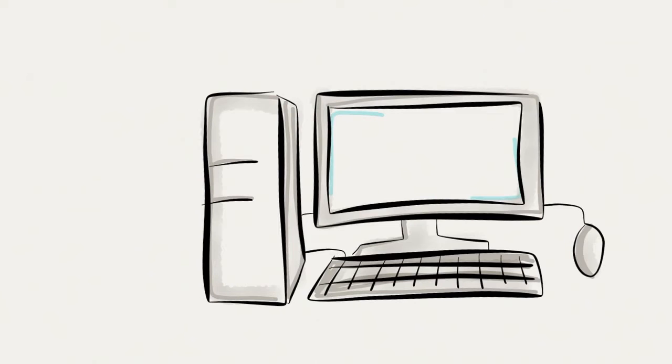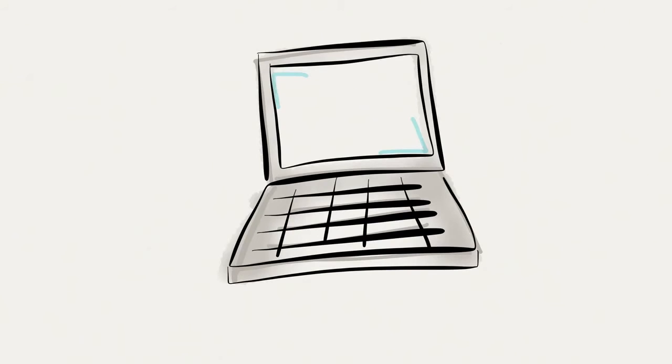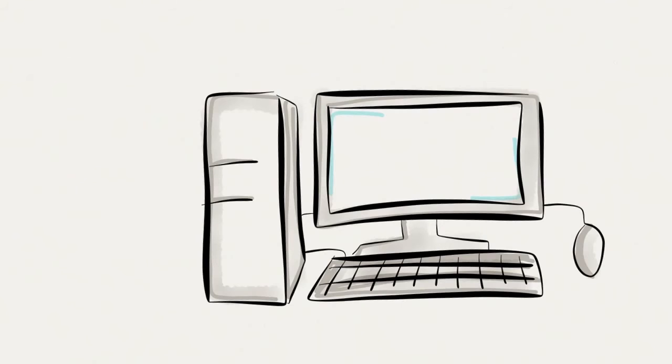You send a signal from the mouse and keyboard to the tower, and the computer computes and tells the monitor what is happening. Laptops work in a similar fashion, however, everything is just much more compact. But for the sake of this example, let's stick with the tower, monitor, mouse, and keyboard.